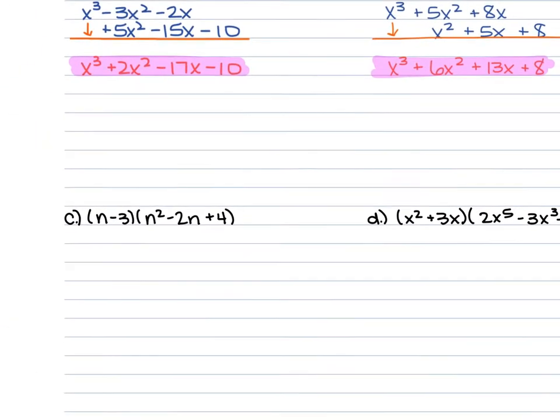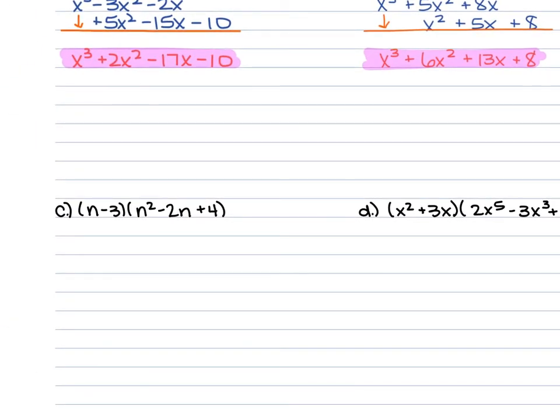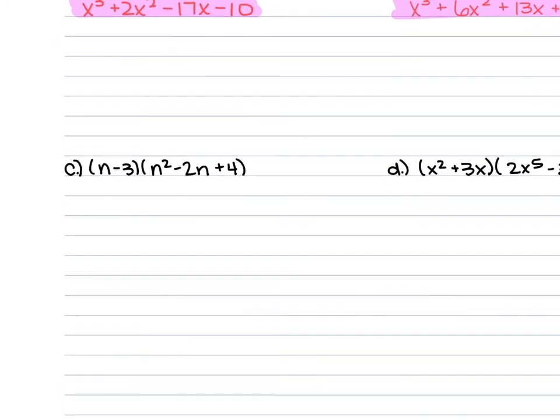For example C, we have n minus 3 times n squared minus 2n plus 4. So this we're going to have n times n squared minus 2n plus 4, as well as negative 3 times n squared minus 2n plus 4.